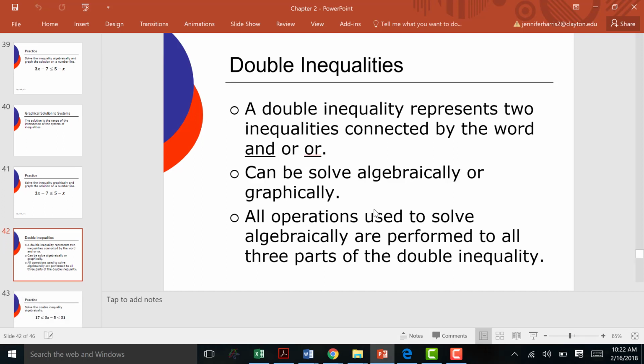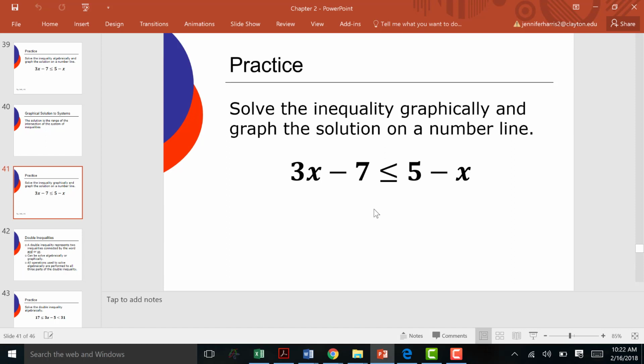Yeah, that's double inequality. Let me do another one with the open parentheses. This one is not on your slides, but here we go. I've got 3x plus 5 is greater than, and let's not use equal to, I'm just gonna use greater than 10.